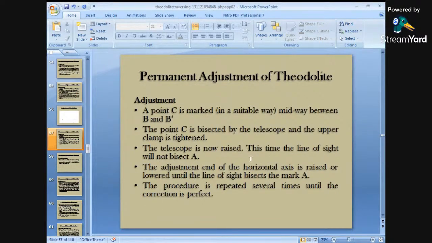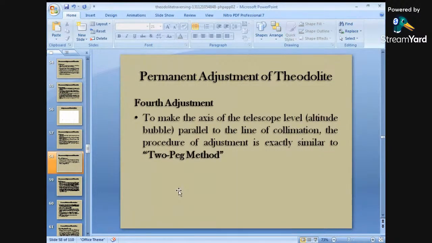This time the line of sight will not bisect A. The adjustment end of the horizontal axis is raised or lowered until the line of sight bisects the point A. This procedure is repeated several times until the correction is perfect. So this is how you will have to perform your adjustment.